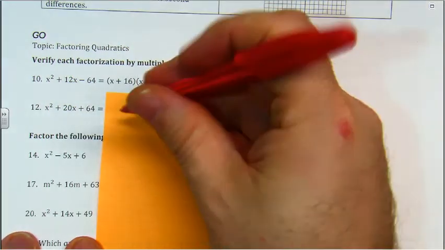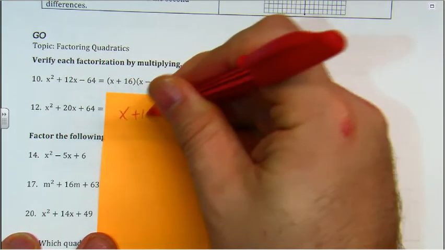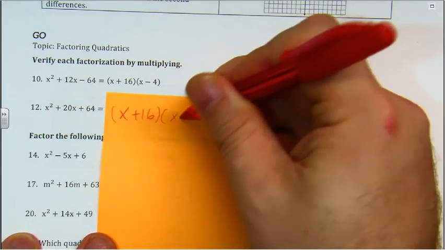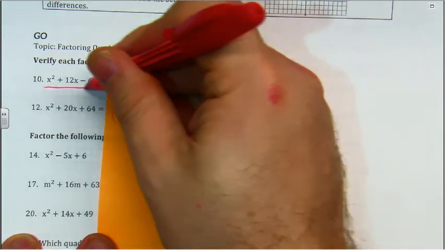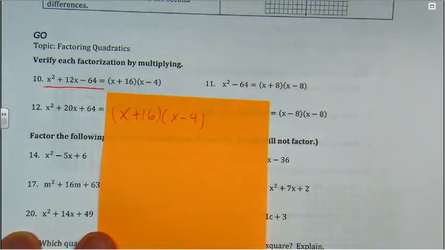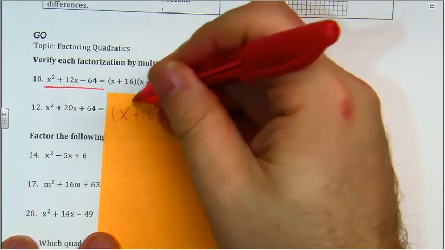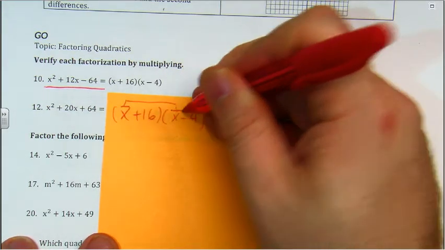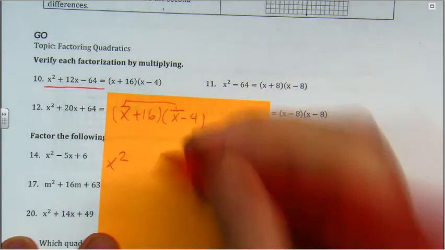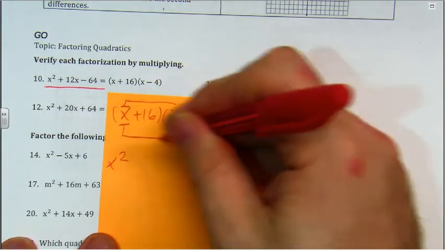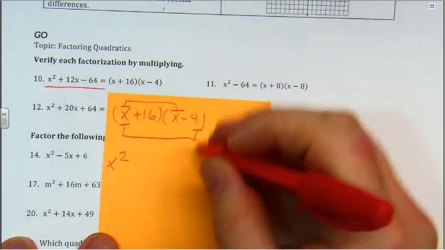FOIL those. So I have x plus 16 times x minus 4. And when I FOIL it, I should get x squared plus 12x minus 64. So let's see if that's true. I will do the first terms, x squared. I will do the outer terms, minus 4x.